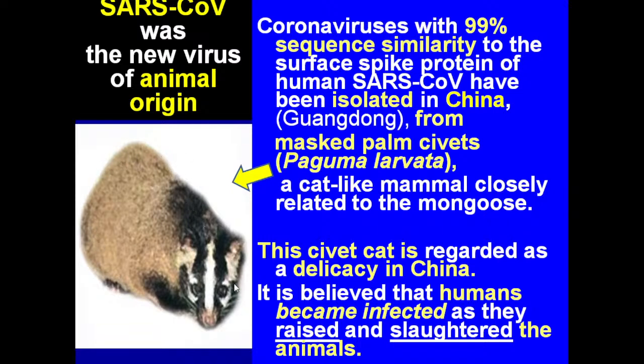This is a cat-like animal closely related to the mongoose, and this wet cat is used as a delicious meal in China, so they used to eat it. It is believed that humans became infected as they raised and slaughtered the animals and maybe ate them undercooked. So that was the origin of SARS-CoV.